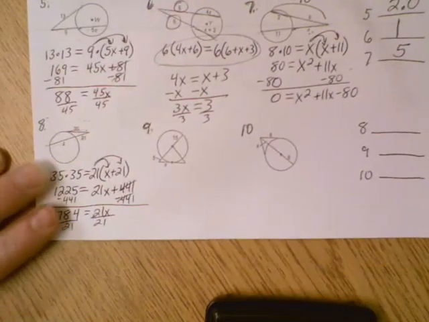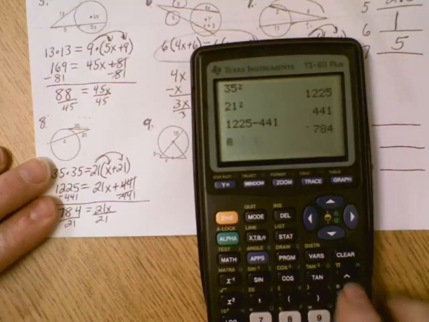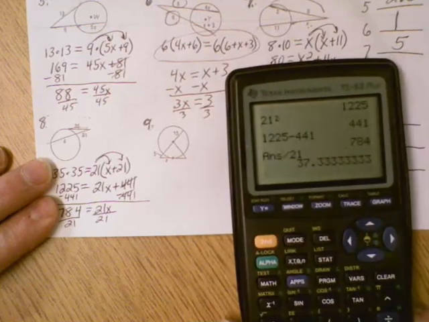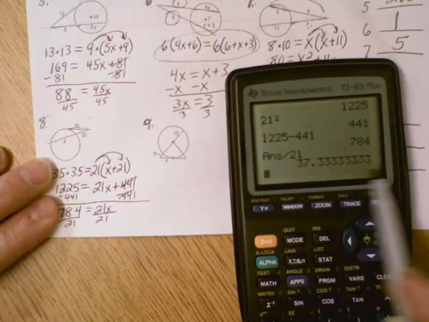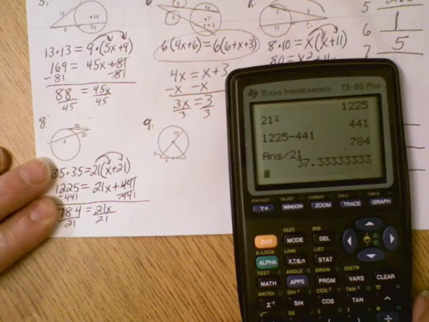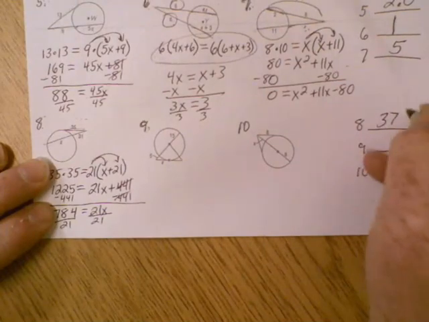That's going to leave us with x. So I grabbed my calculator here, and I already got 784 in it. So I divided by 21. And that gives me 37.3333. Remember that 0.3333 repeating is 1/3. So for this one, I'm going to put 37 1/3.